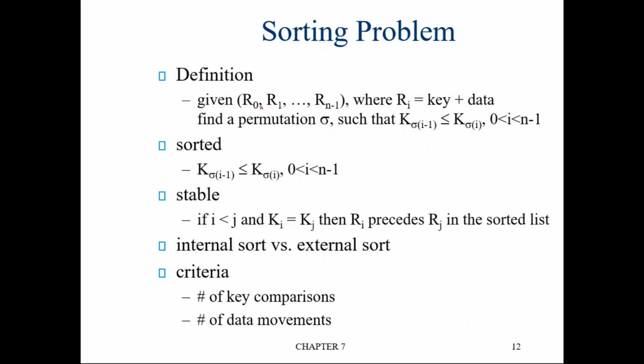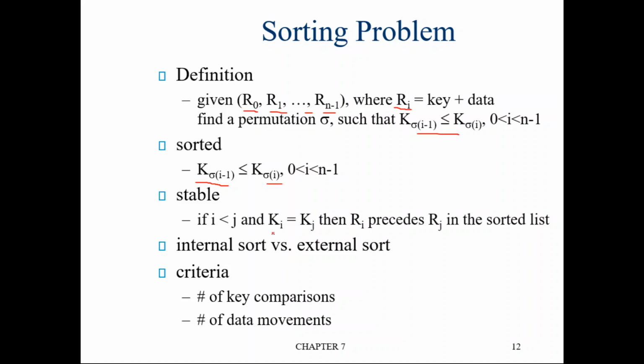So given a set of objects like R0, R1, R2 up to Rn minus 1, where each of these contains a key. R0 contains a key like key 0 plus some data, R1 contains a key like key 1 plus some data. Based on these keys, we want to sort such that the sorted list will have the key i minus 1 less than or equal to the key i.